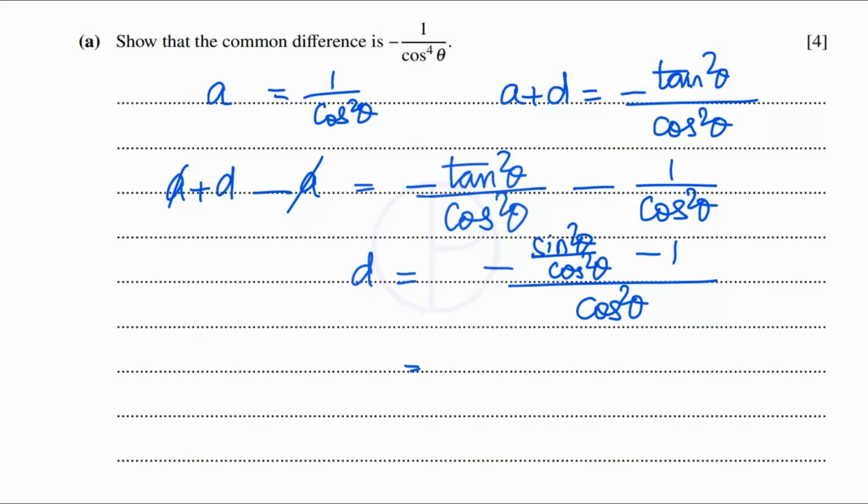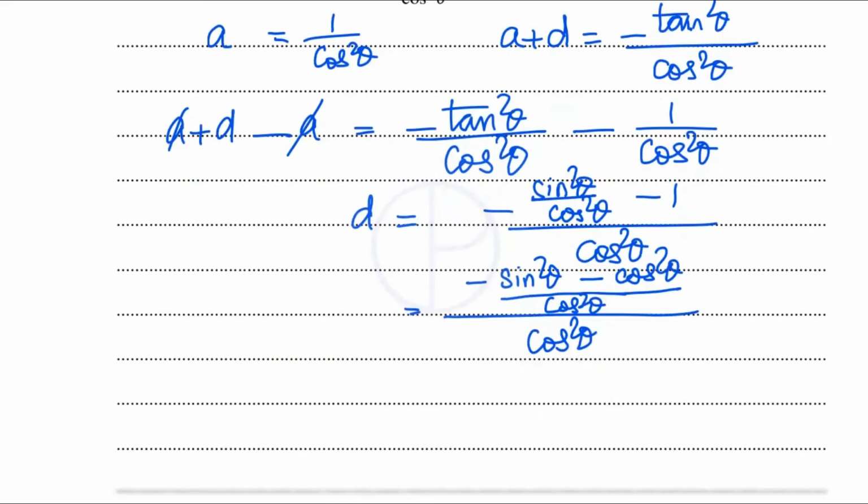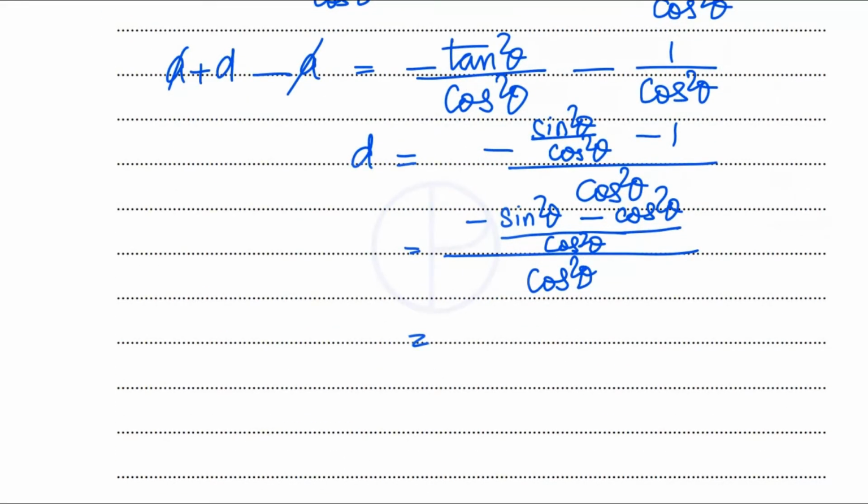Let's take a common denominator in the numerator term. So we get cos square theta. So minus sin square theta minus cos square theta divided by cos square theta. So this is nothing but minus sin square theta minus cos square theta divided by, this cos square will become cos power 4 theta.